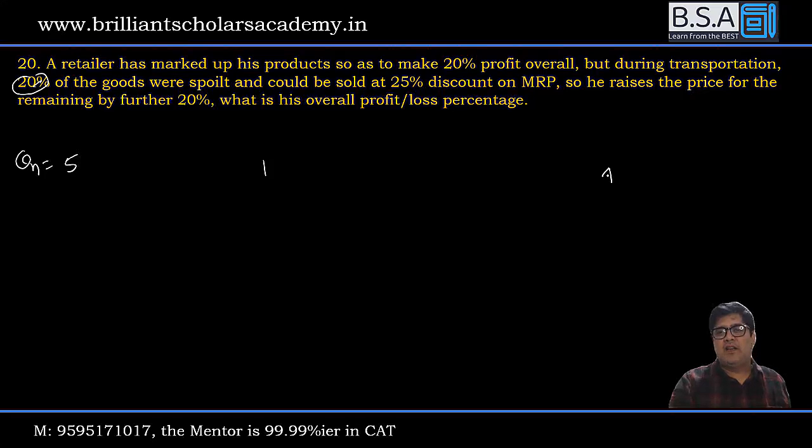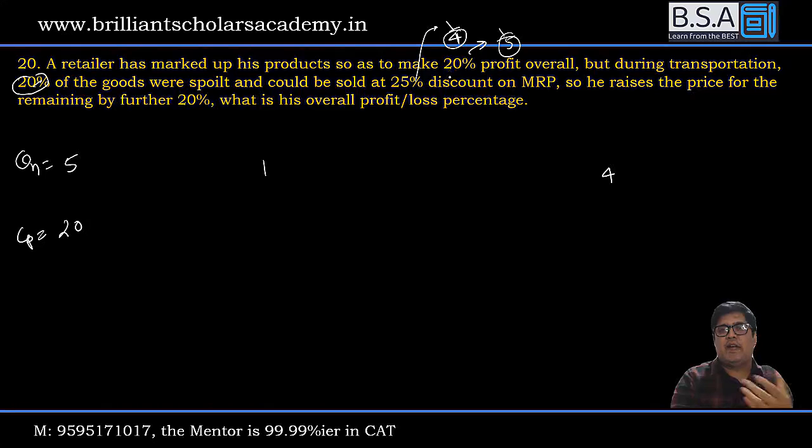So the other are 4 quantities. I'm supposed to increase the price by 1 by 5 and lower the price by 1 by 4. So what is a multiple of both? Multiple of both is 20. If I have that as a cost price, I'll find it easier to work with.